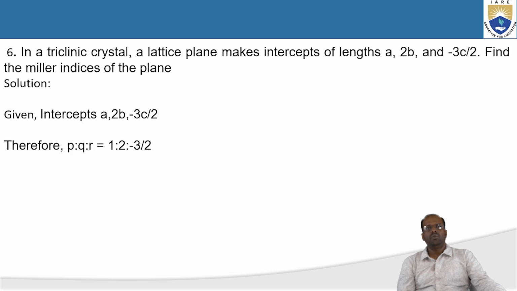How do we need to write the Miller indices? So here 1, 2, minus 3 by 2, because a, b, c get cancelled. We take these as p, q, r. The reciprocal means 1 by p, 1 by q, 1 by r. So what is the LCM we got?